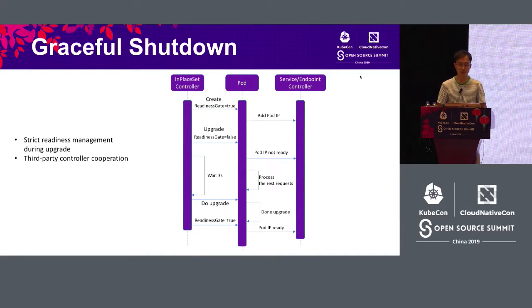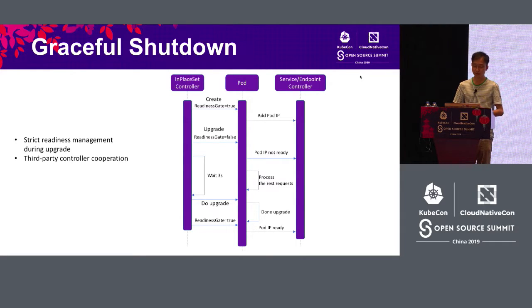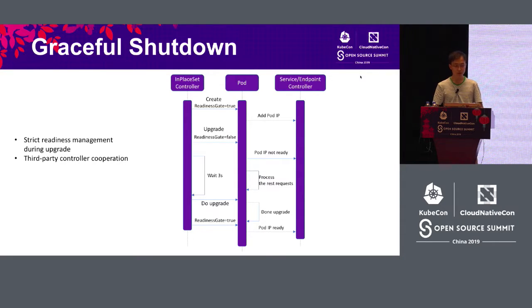So when we use InPlaceSet for deployment, we might encounter challenges. For example, the shutdown is not graceful, and there might be failure of a request, because IP shutdown is the inverse incident trigger.